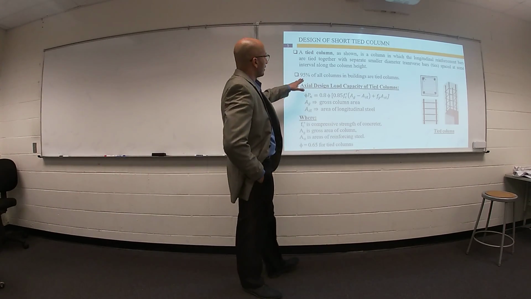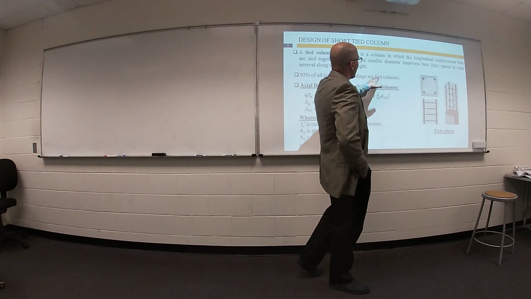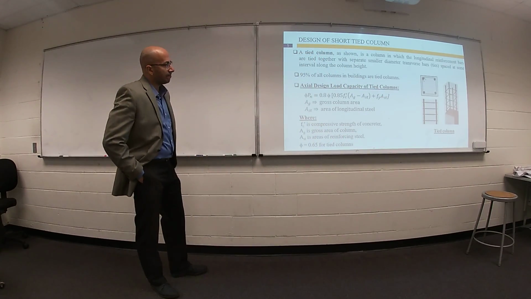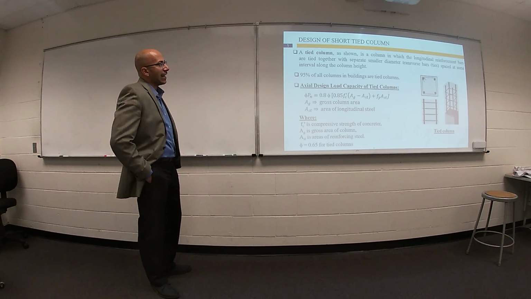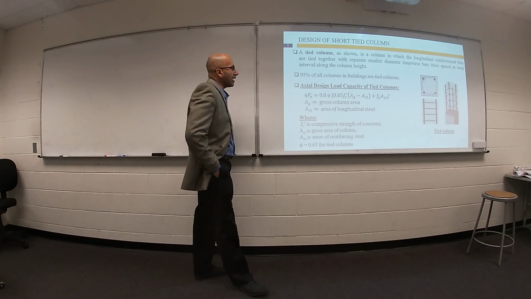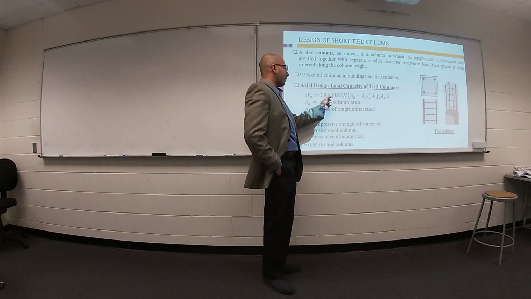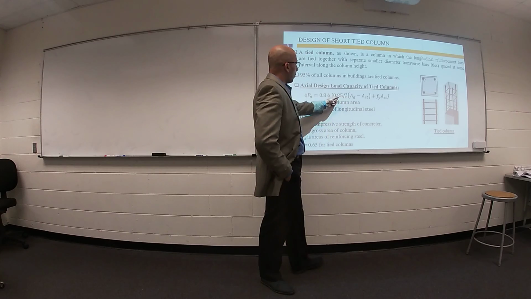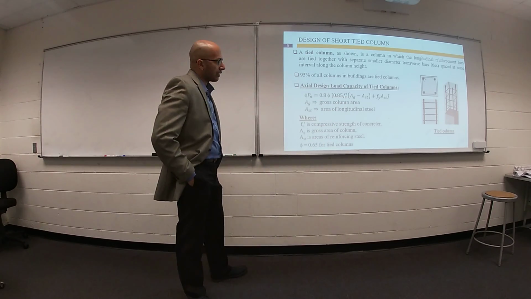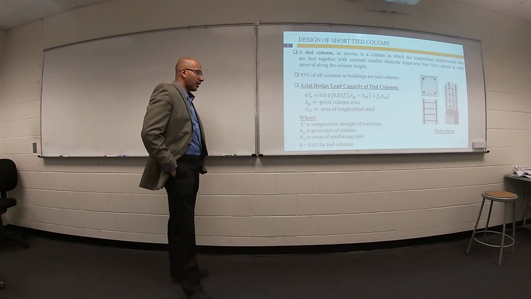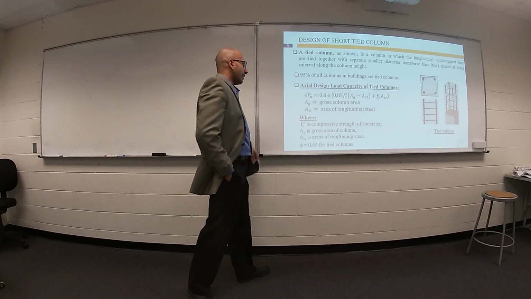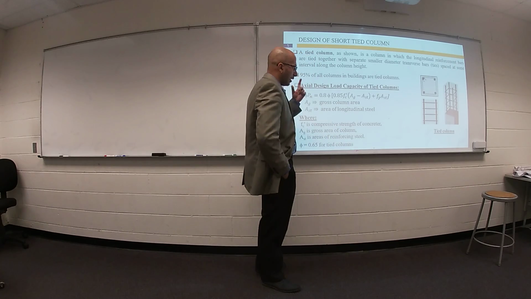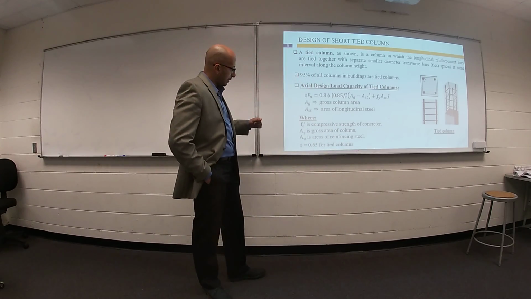95%, not 90%, 95% of all columns in buildings are tied columns. Anyway, according to ACI, the design axial load capacity of a tied column equals 0.8 times phi times big brackets 0.85 f'c times (Ag minus As) plus fy times As, where Ag is the area gross and As is the area of steel of the longitudinal bars, f'c.